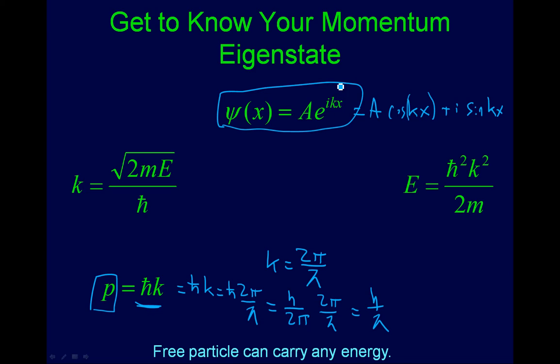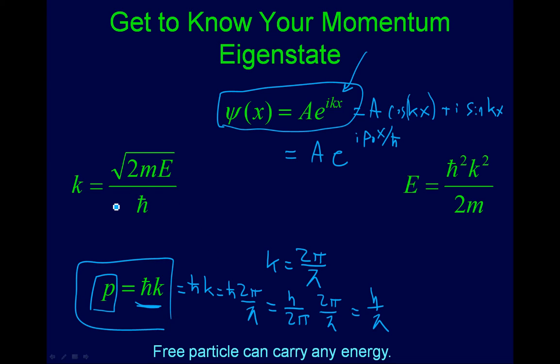So k is really just an h bar away from being a momentum. Sometimes we write this as e to the i p0 x divided by h bar to get the k in there. And so this is a state that has a definite k value, which means it has a definite momentum.